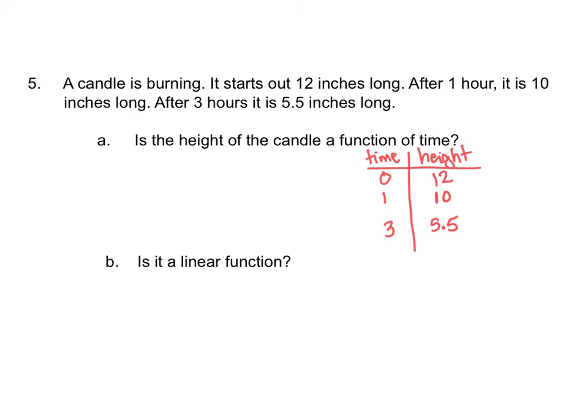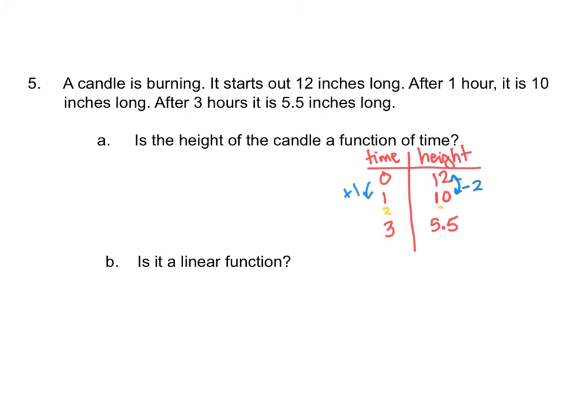So let's kind of look at these things and let's see how it kind of changes. So going from 0 to 1, it's adding 1. Going from 12 to 10, it's going down by 2. And then we kind of have this missing piece, right?